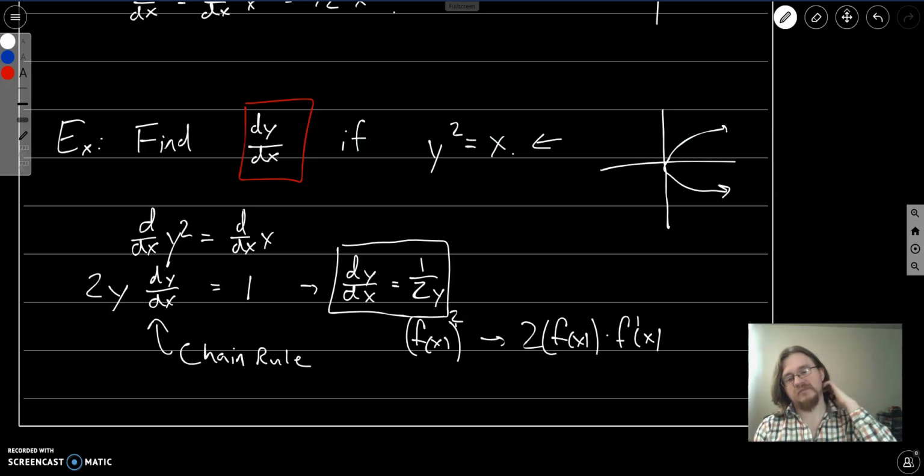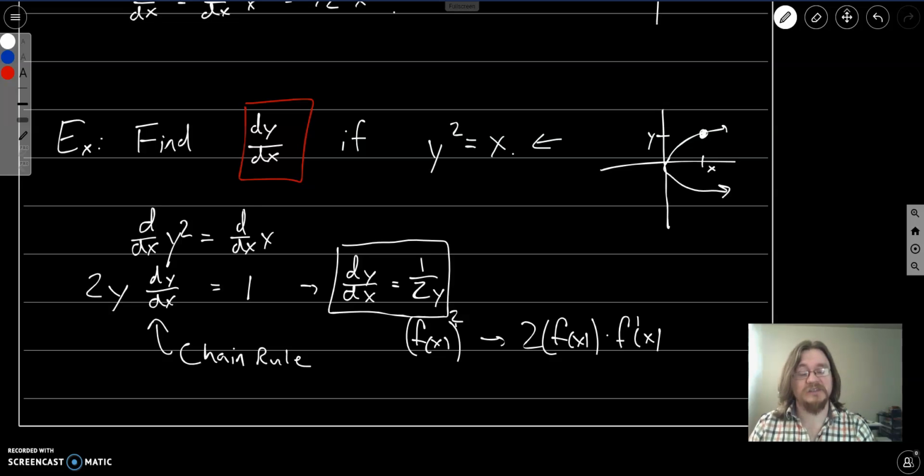Now, I could try to solve for y here and plug that back in, but it's unnecessary. I know what the derivative of y is with respect to x. It's going to be 1 divided by 2y. And if I pick a point along here, I know the y value, I know the x value, and I can simply plug them in if I want to find the derivative.